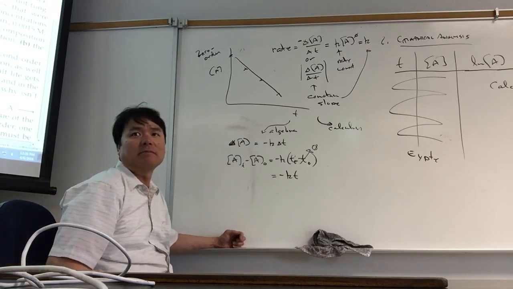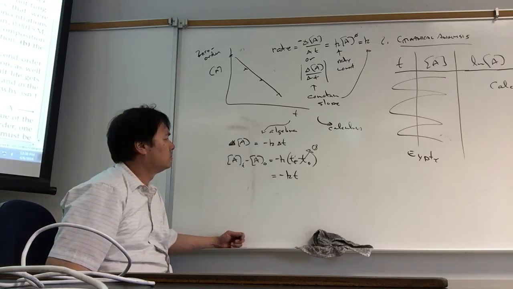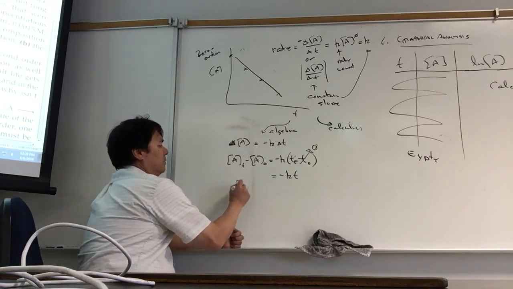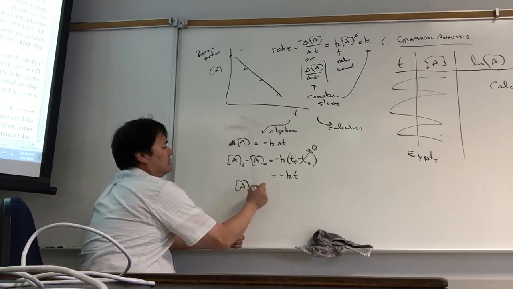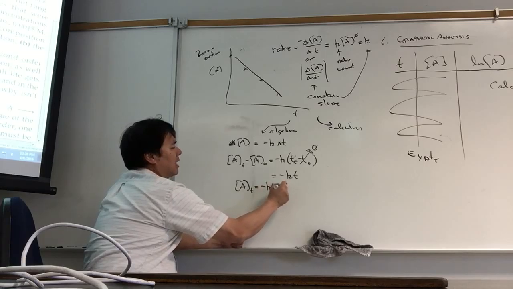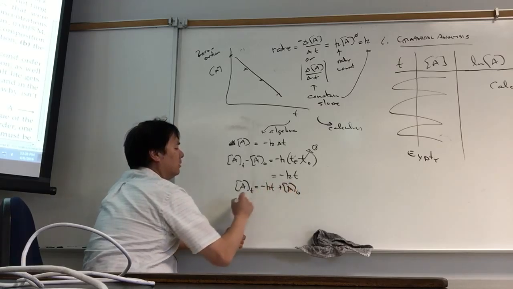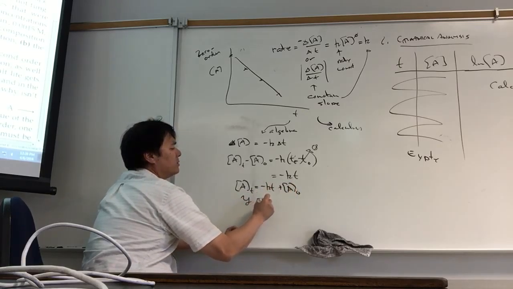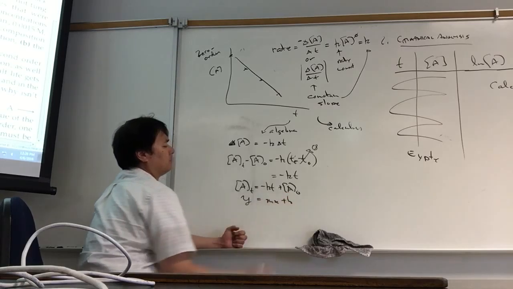which is just what time you got. And so we end up with A at time t is equal to minus KT plus A at time 0. In other words, this is equal to y equals mx plus b.